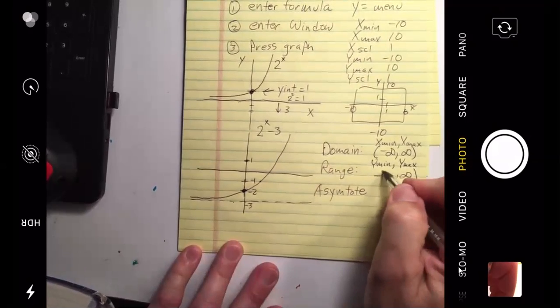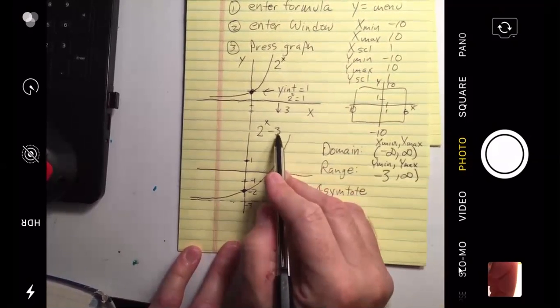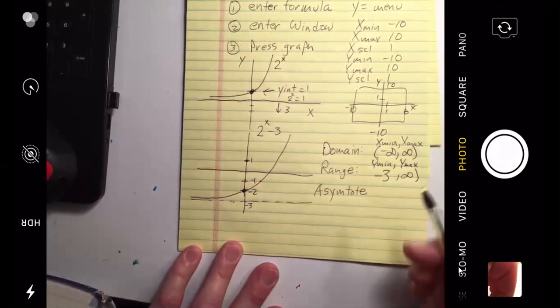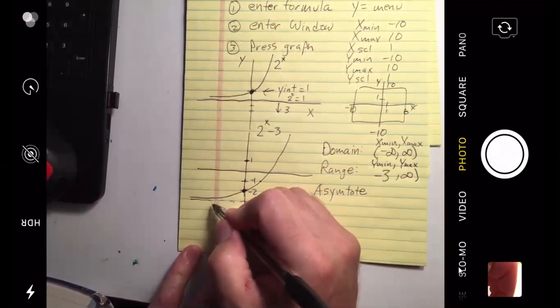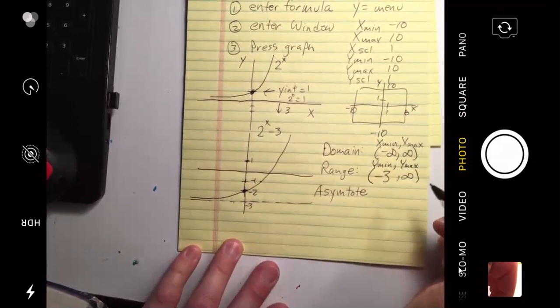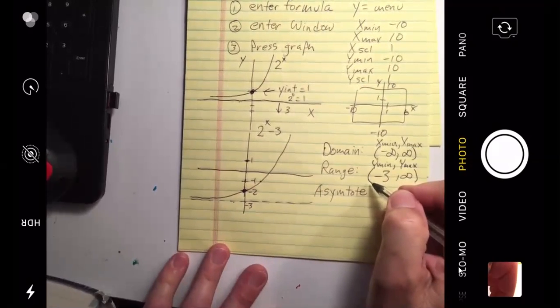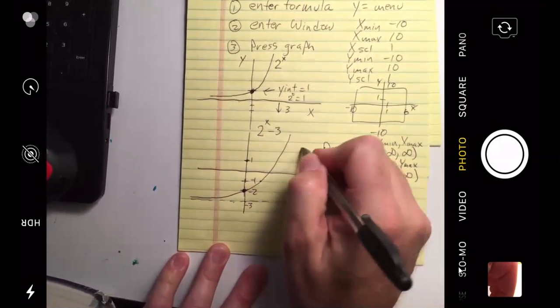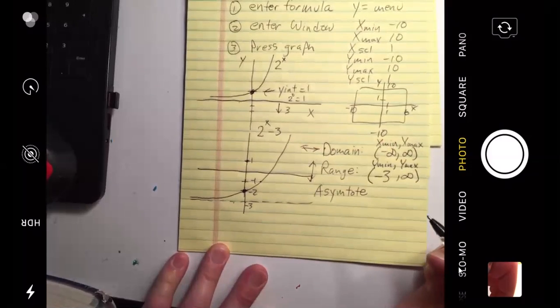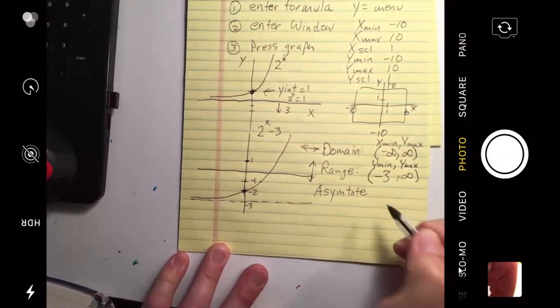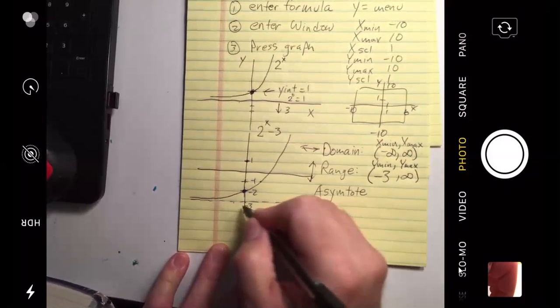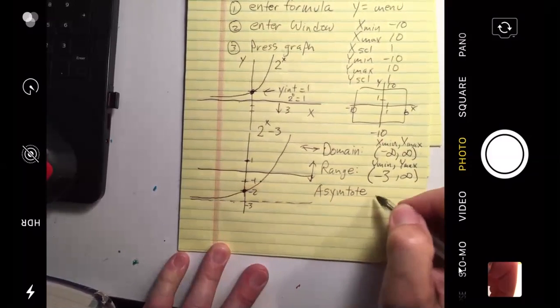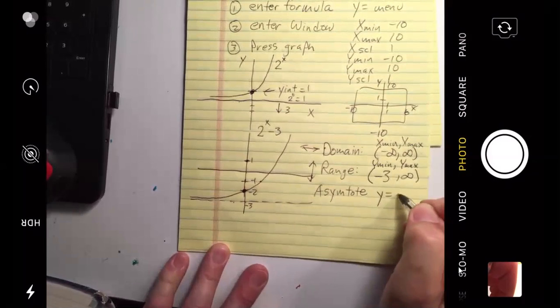So it starts at -3, and notice -3 off the formula. It doesn't cross or equal -3, so again we're using a parenthesis here. Range, think vertically. Domain, think horizontally. The asymptote is your full equation, the line it's approaching. Horizontal lines are always y equals, and this one is y equals -3.